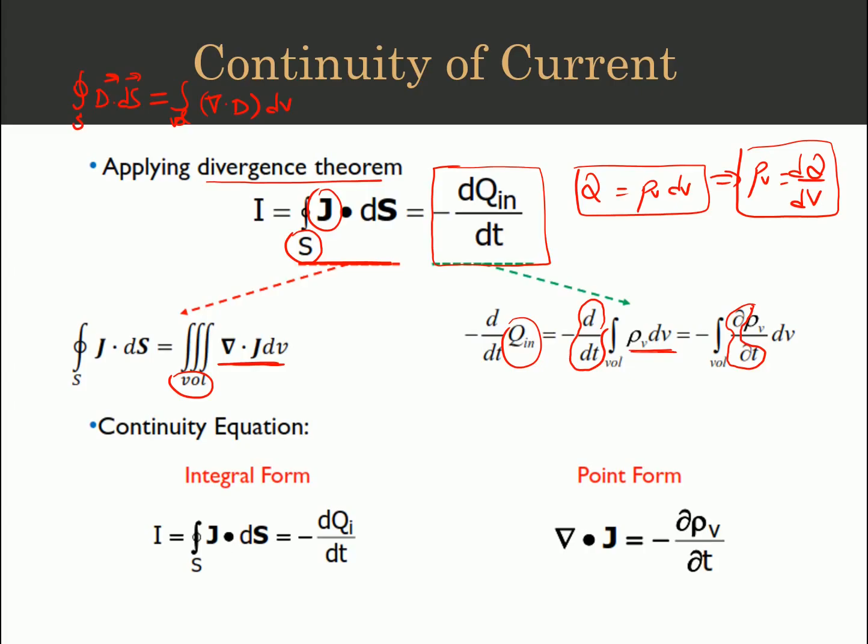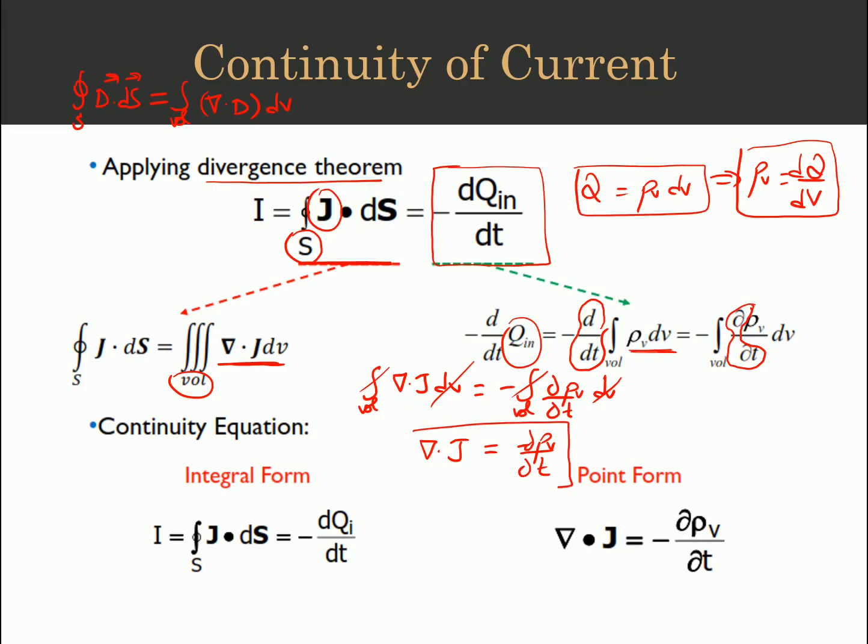Now we can compare both sides of the equation. The updated equation is the volume integral of the divergence of J dV is equal to negative volume integral of the partial derivative of the volume charge density with respect to t into dV. When comparing these two, I can get rid of these values, and thus finally I will have the relationship of the current density in terms of the volume charge distribution, that is the partial derivative of rho v by t.